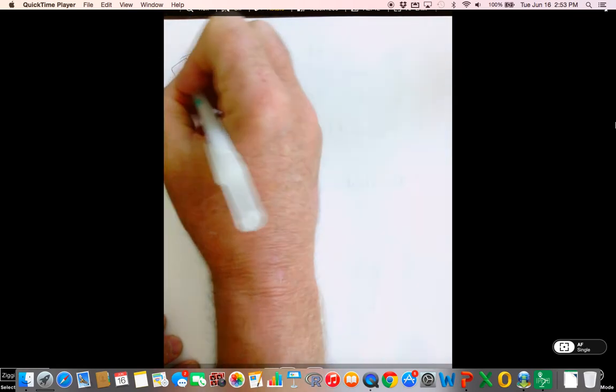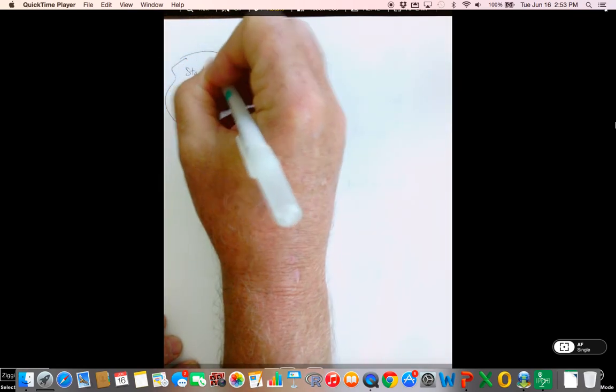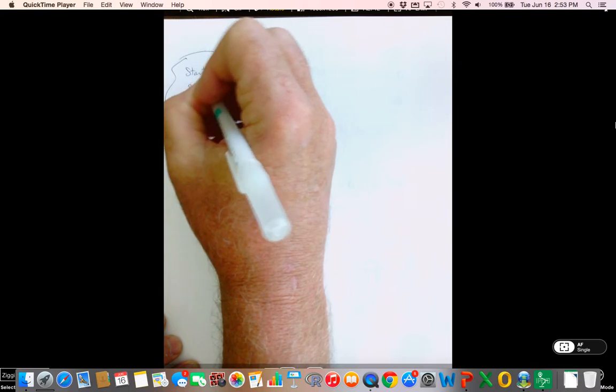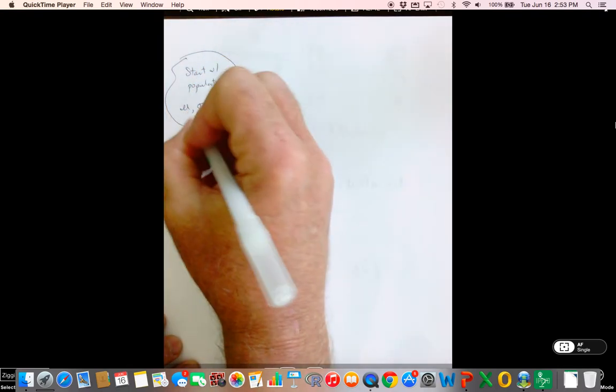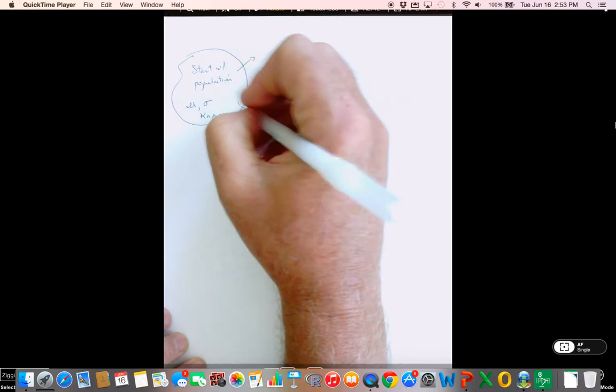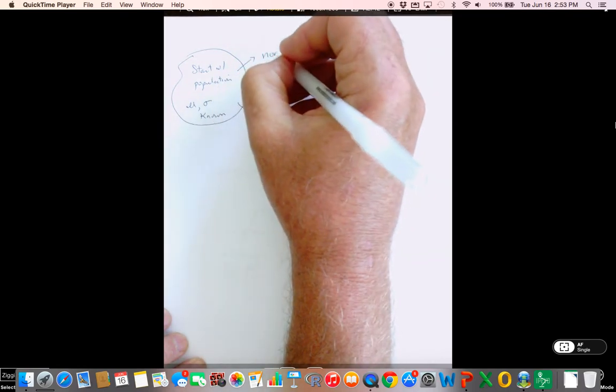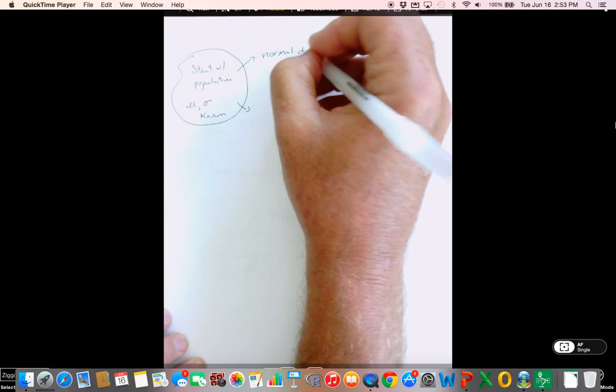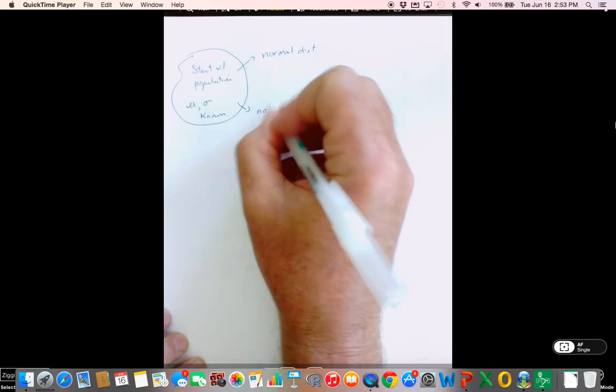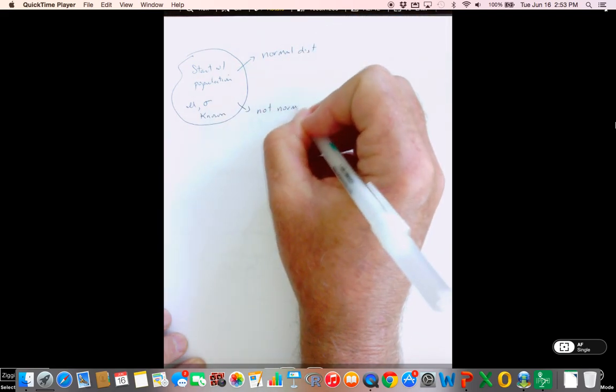We start with the population, where the mean and the standard deviation are known. This population that we start with is either a normal distribution or not a normal distribution.